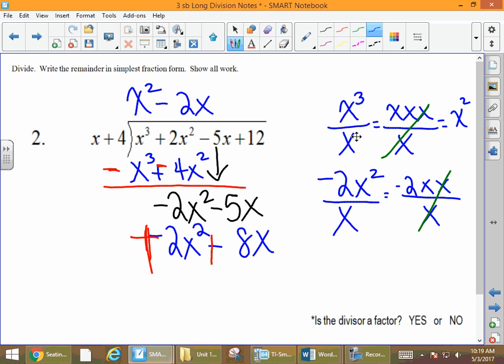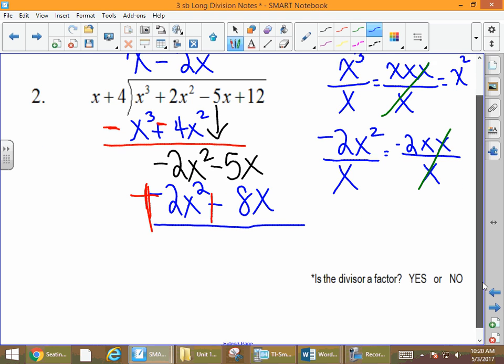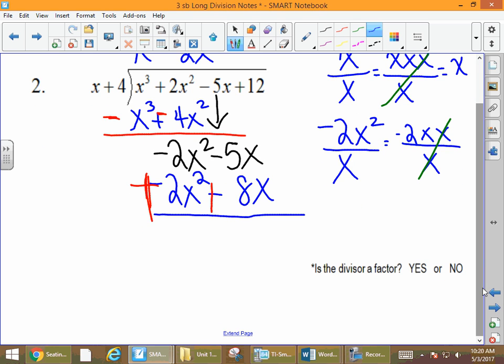When we change both signs, negative 2x squared and positive 2x squared cancel out. We're left with negative 5x plus 8x, which is 3x. And we're going to bring down the 12.